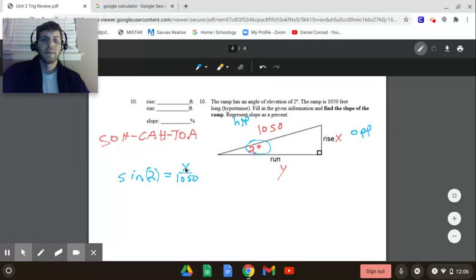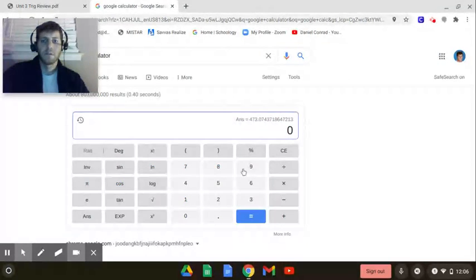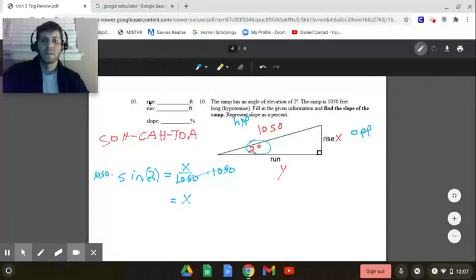Solve for x by multiplying both sides by 1,050. That cancels, and we have 1,050 times the sine of 2 degrees. That's going to give us 36.6 feet.